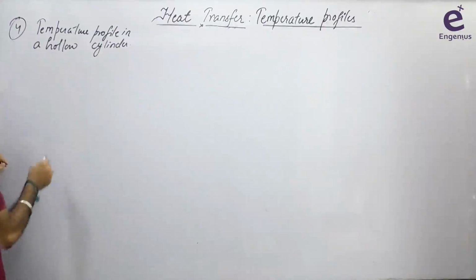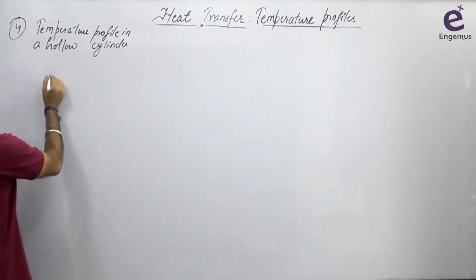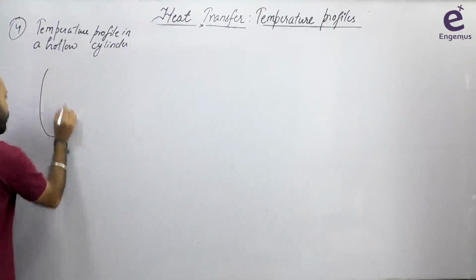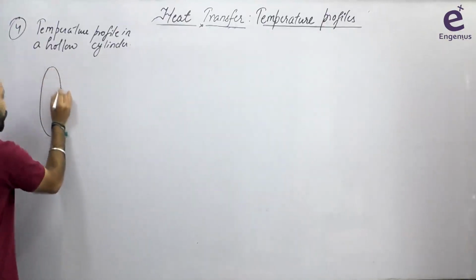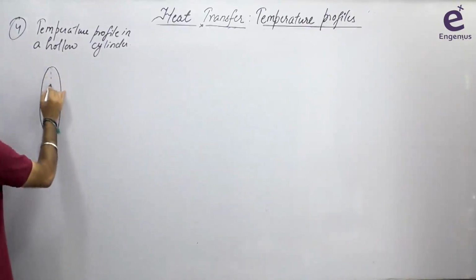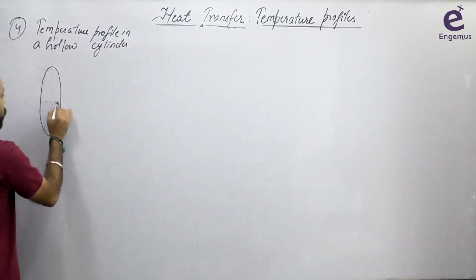I will discuss that. So suppose that I have a hollow cylinder like this. Hollow cylinder लेने के पीछे reason ये है कि मेरे पास दो surface होने चाहिए. Okay, suppose I have a hollow cylinder.